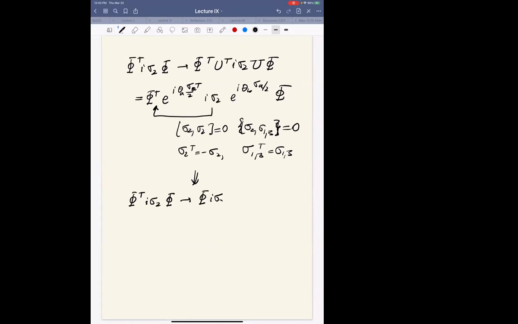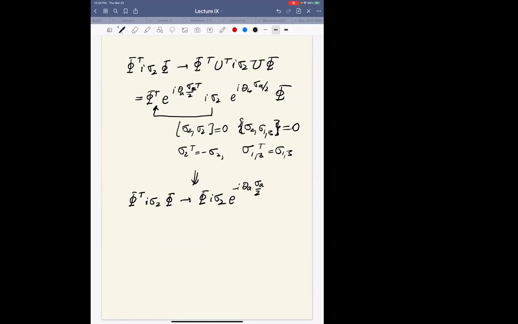I sigma 2 will go to the left. And what will happen here is that the sigma 2 term, because it's antisymmetric, you will get e to the minus i theta A sigma A over 2, because 1 and 3 anti-commute, so they change the sign.